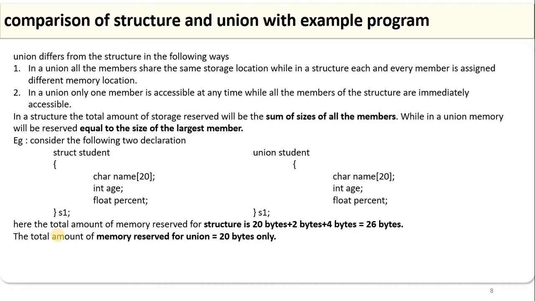That's why in a union, only one member is accessible at any given point, while in structures, you can access all the members at the same time.